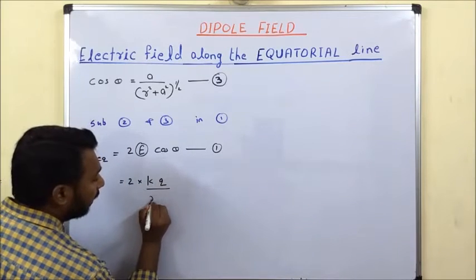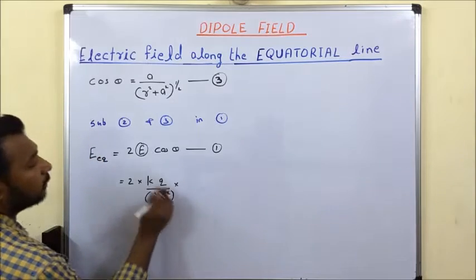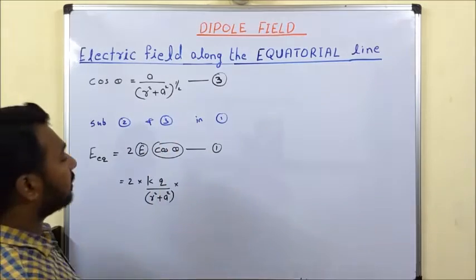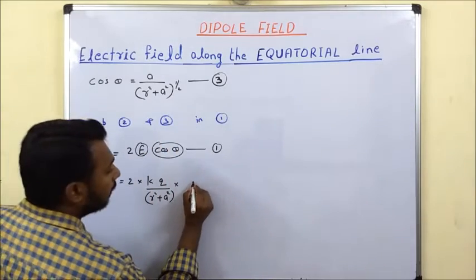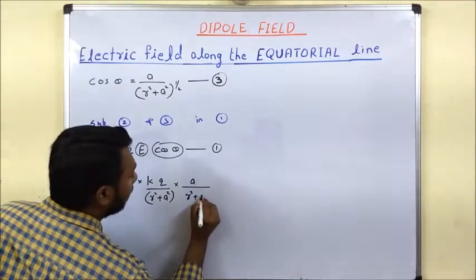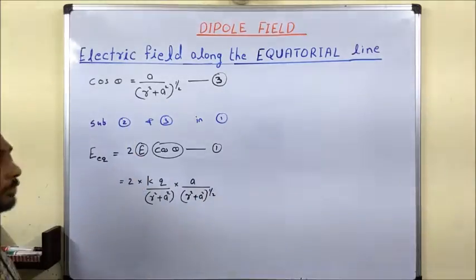KQ divided by R square plus A square, into, what is cos theta? Cos theta is given in equation number 3, that is A divided by R square plus A square all raised to 1 by 2.